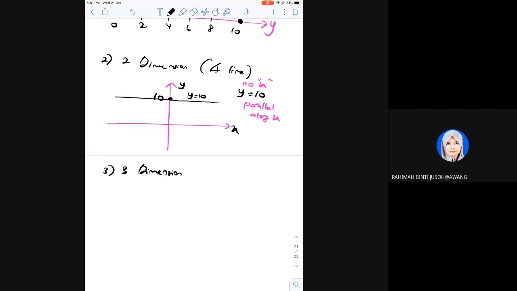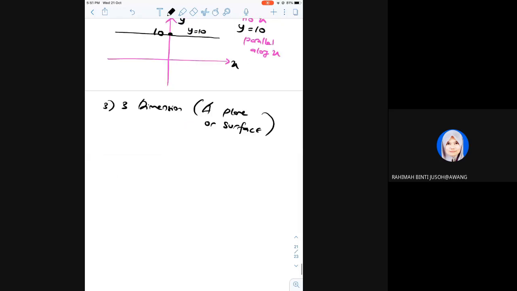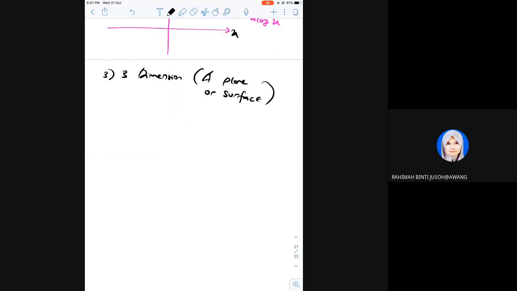Alright. So 3 dimension pula dia akan jadi a plane ataupun surface. Kadang-kadang soalan kata surface, kadang-kadang soalan kata a plane. Okay, konsep dia macam ni guys. Kita lukis dulu 3D, 3 dimensional graph ni.